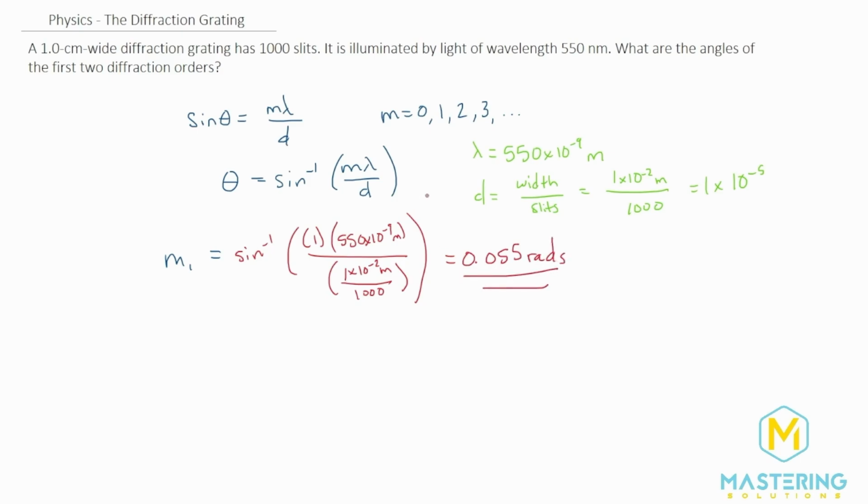Now, they want to know what the angles are, so we need to convert that into degrees. We already found it, of course, when we had our calculator in degree mode, but just for practice, we should convert this into degrees the other way as well. So we have 0.055 radians, and to convert from radians, we're going to have pi radians is 180 degrees.